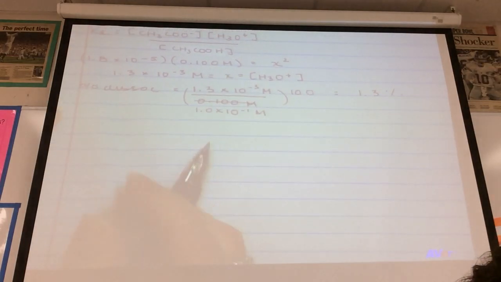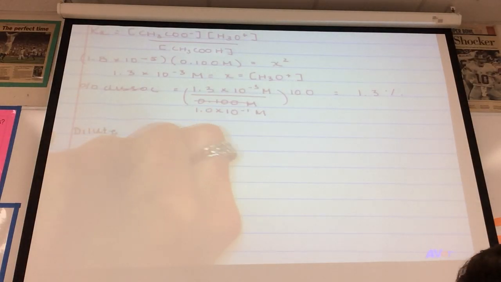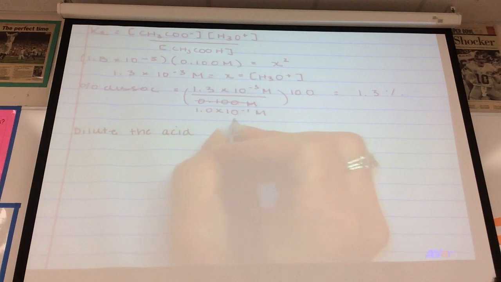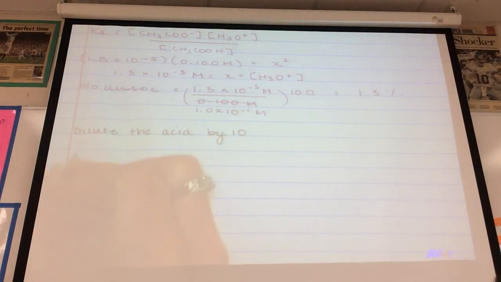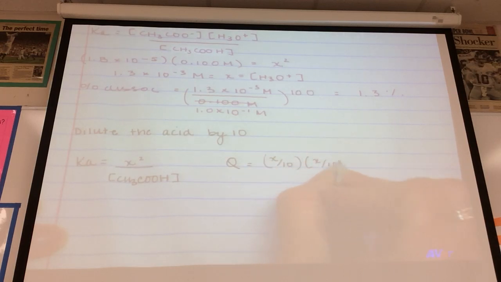So in this particular instance, again, let's say that you dilute the acid by 10. We had an initial Ka of x squared over the concentration of the acetic acid. In regard to Q, we'd have x over 10, x over 10, concentration over 10.